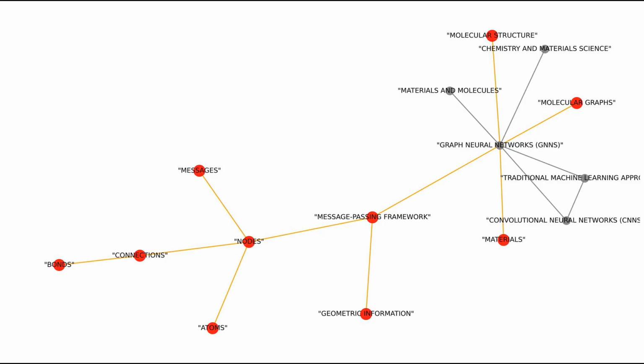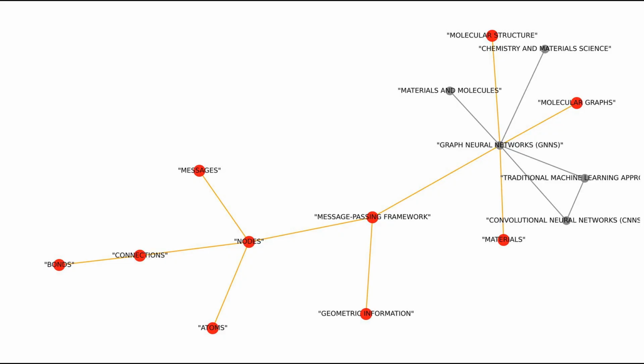The message passing framework in graph neural networks, GNNs, is just like a team of friends passing notes to each other to share information. Each friend represents a node, or atom, in a molecular structure, and the notes they pass are the kind of messages that contain important details about their connections, like bonds, and their own characteristics.